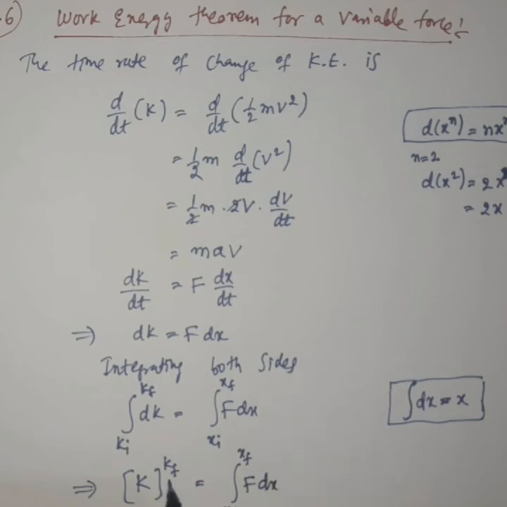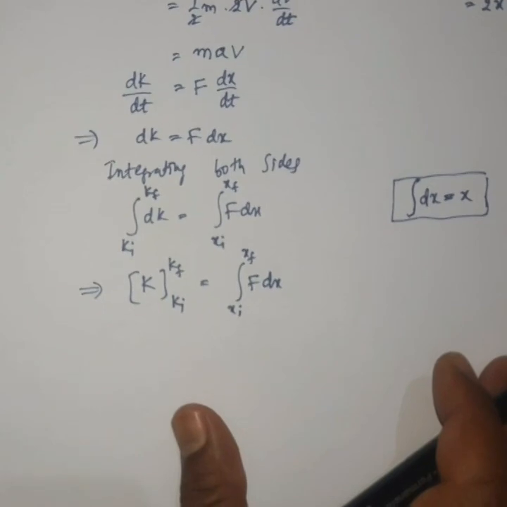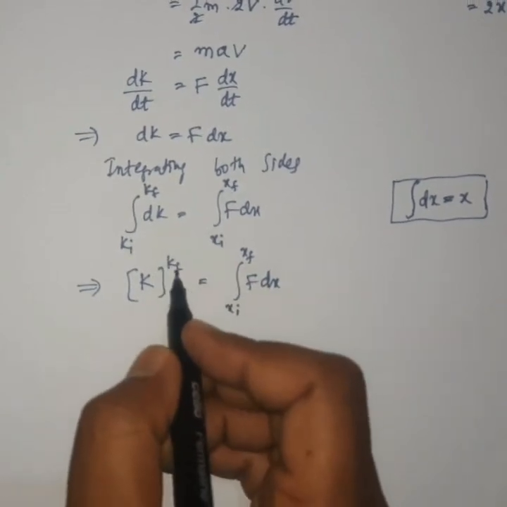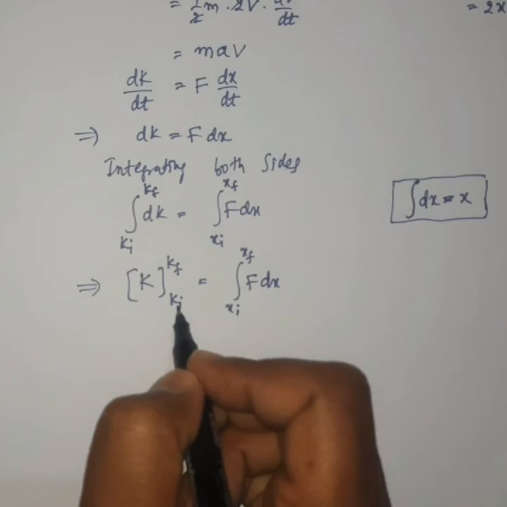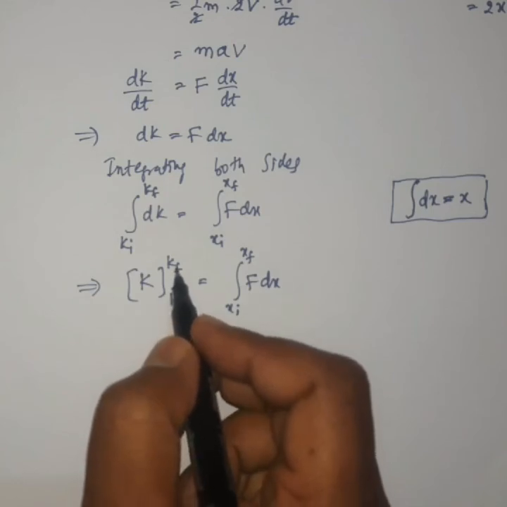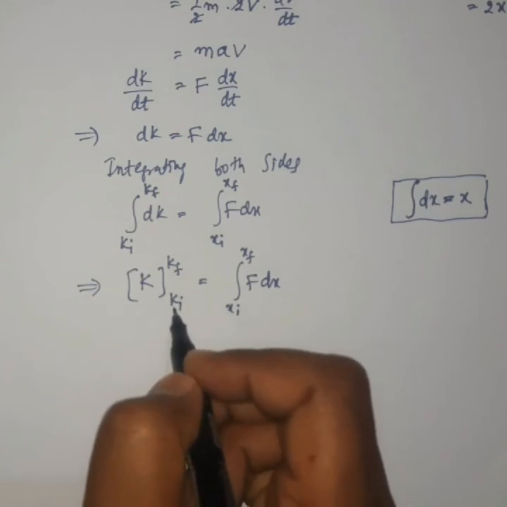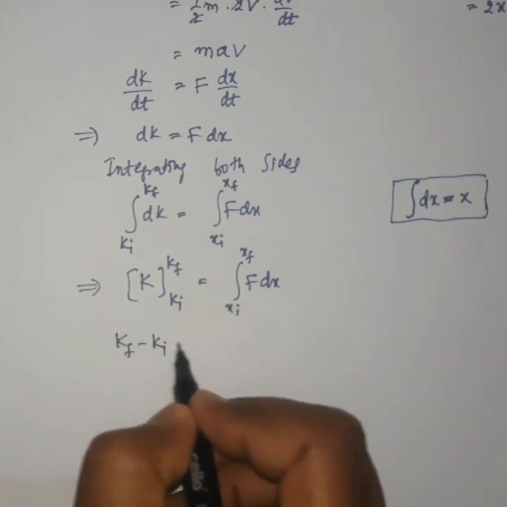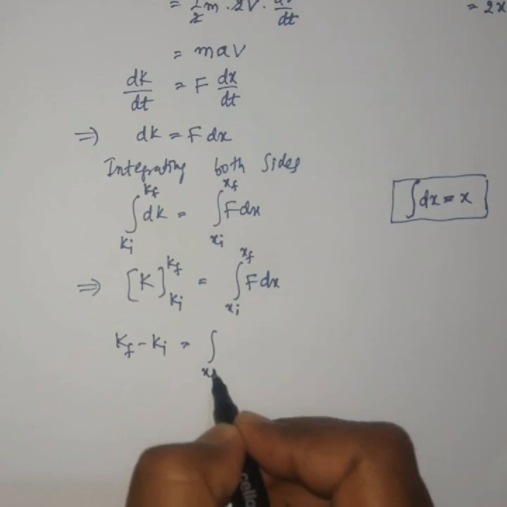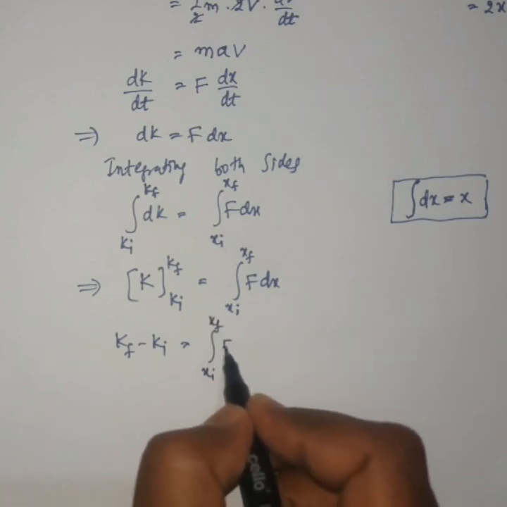So substitute the upper limit value and then minus the lower limit. Here the upper limit is Kf minus the lower limit Ki. So Kf minus Ki is equal to the integration from xi to xf of F dx.